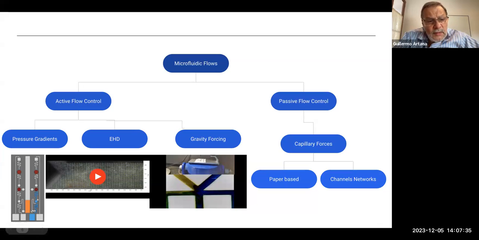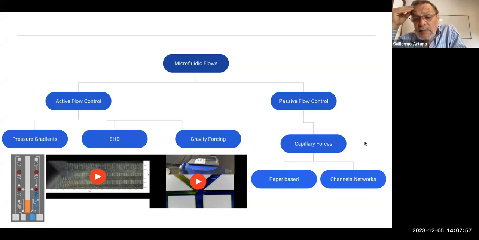This kind of topic was developed related to some of the contacts that we have with industry, most of them with startups. But some time ago, we decided to go to another aspect, related to passive flow control, and to take advantage of capillary forces.